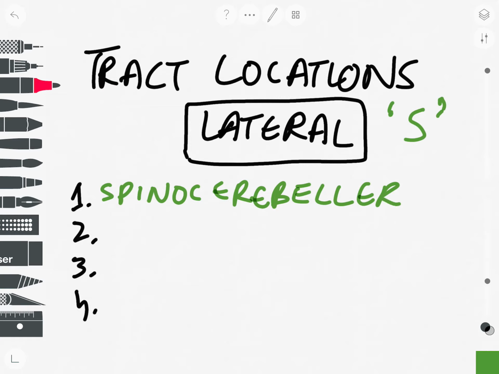It's always in the name. The spinocerebellar tract is the fibers from the cerebellum going down, and if it's from the cerebellum, it's going to show up as ataxia, problems with balance, orientation, all of that stuff.